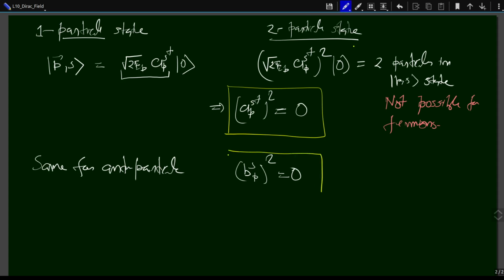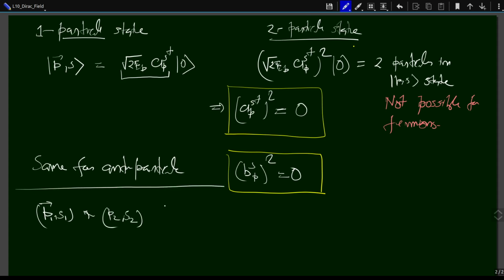Now let's look at genuine two particle states. Not two particles in the same state, but two particles with different momenta and spin. I want one particle in momentum p1 with spin s1, and another particle in p2 and s2 spin state. I want to create this state over here.